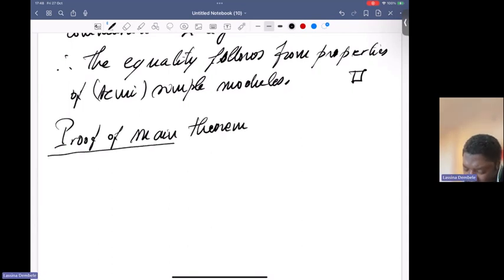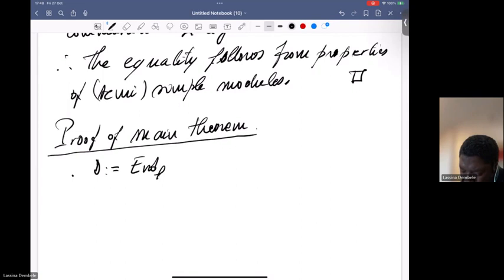Remember, what we have left to prove is the surjectivity of the map we have. So in order to do this, we are going to let D be the endomorphism algebra of our Abelian variety.